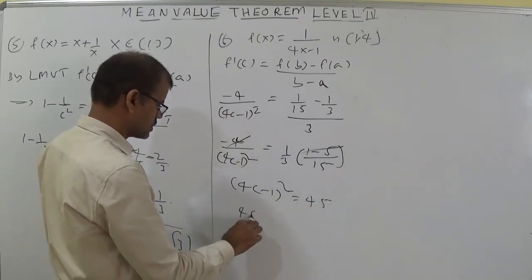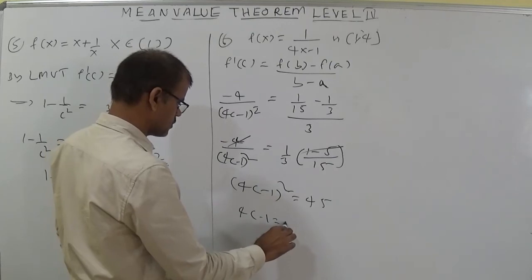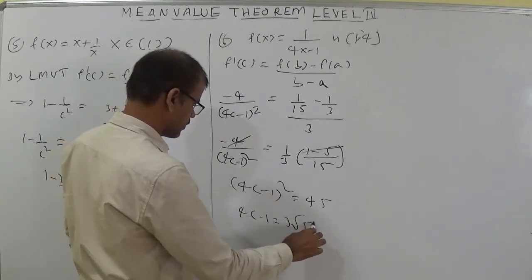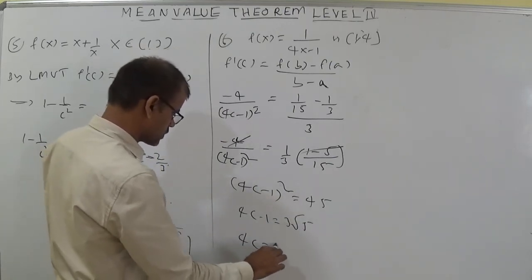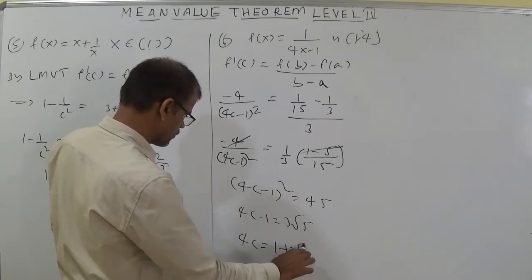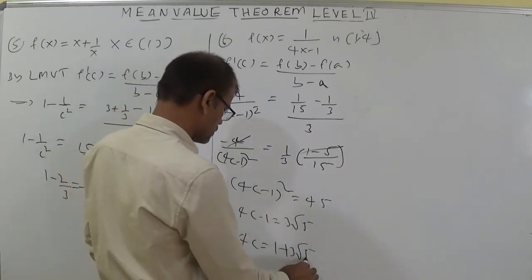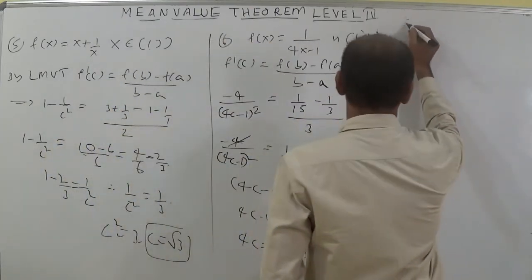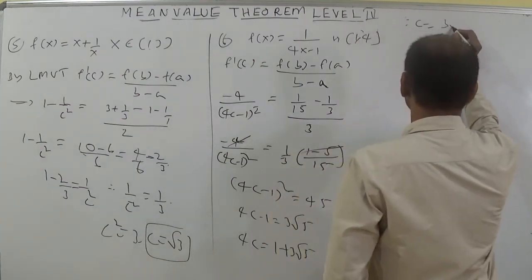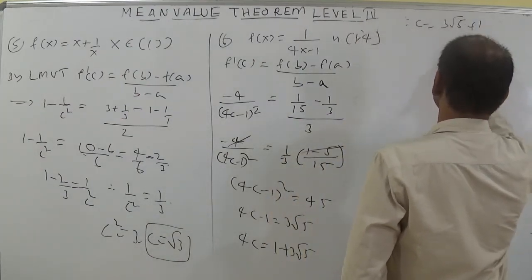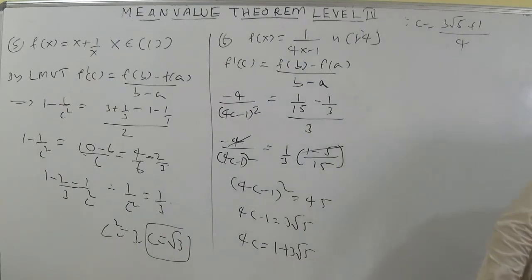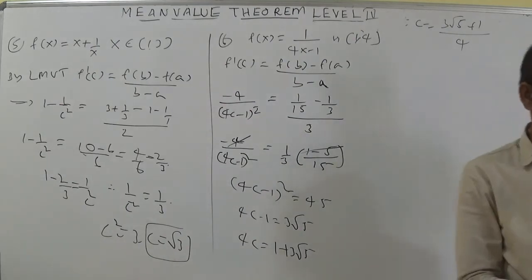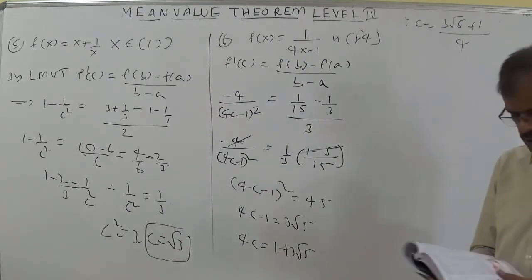So 4c minus 1 is equal to 3 root 5. So 4c is equal to 1 plus 3 root 5, and therefore c is equal to 3 root 5 plus 1 whole by 4. Here it is the first option.